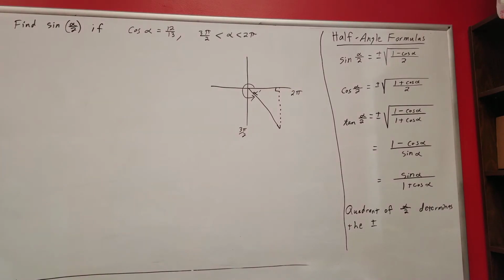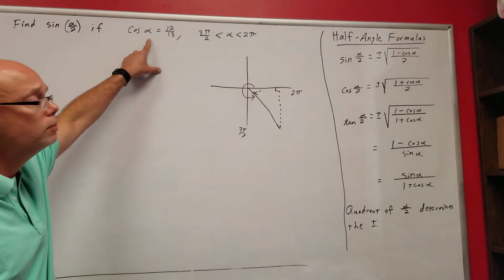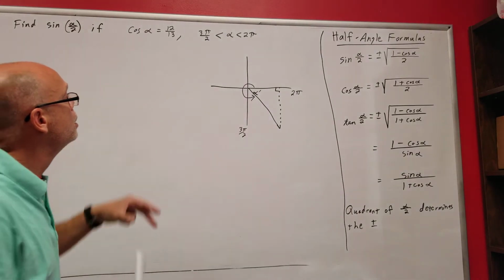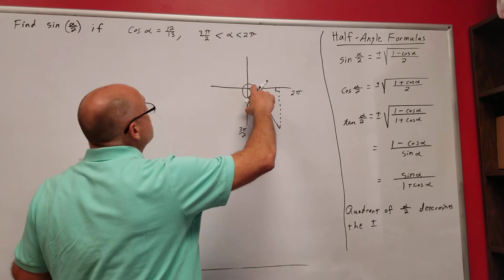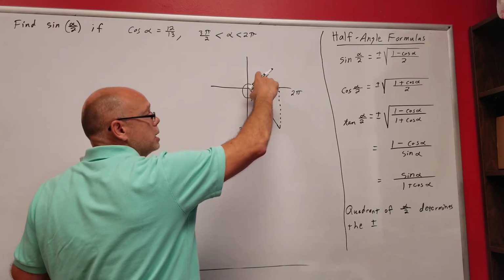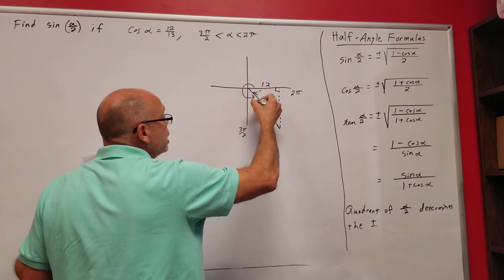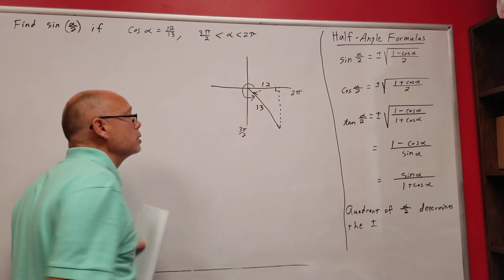And if the cosine of alpha is 12 over 13, cosine of alpha prime is the same thing. So right here, the cosine is going to be 12 over 13. So that means adjacent over hypotenuse is 12 over 13. So I'm going to draw 12. I'm going to draw 13.